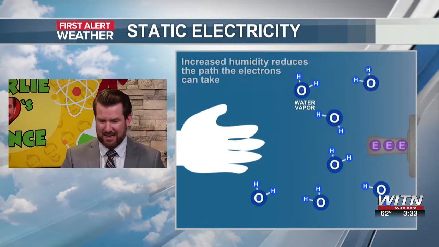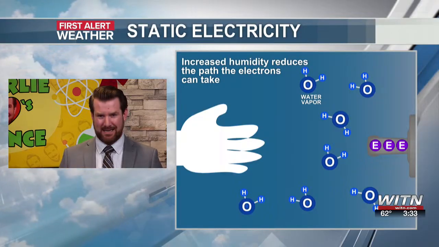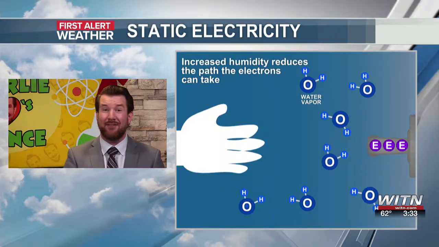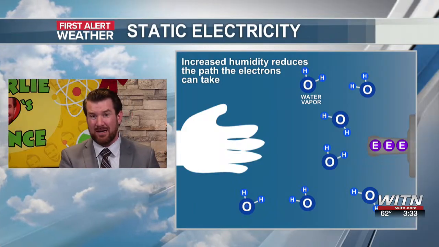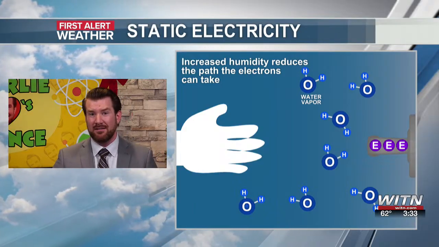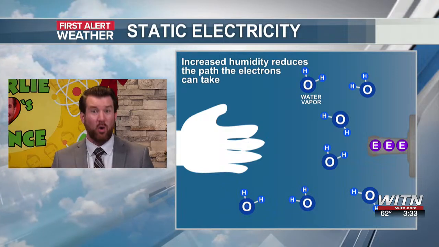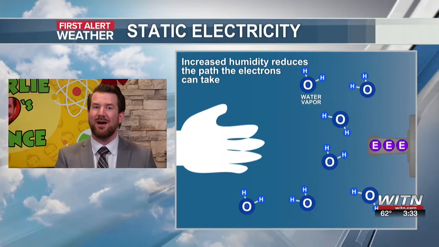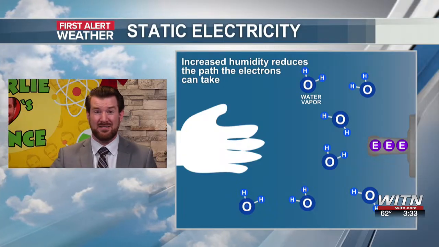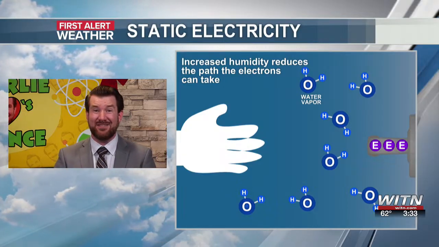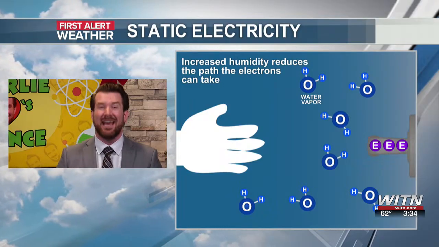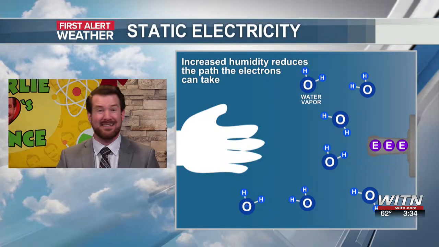Now here, let's zoom in again. Let's add humidity to the mix, aka water vapor. That's something we have an abundance of in the summer months that we lose out on in the winter months because cold air is more dense. The more dense the air is, the less water it can hold. When we heat up in the summer months, the density of the air goes way down and the water just fills right on in, and it leads us to dew points in the 60s and the 70s.